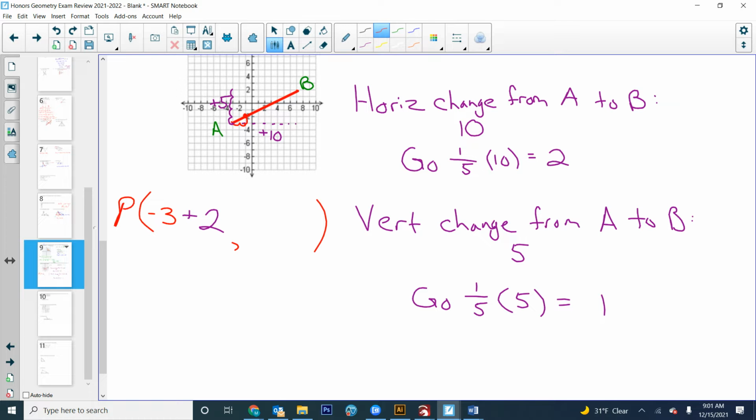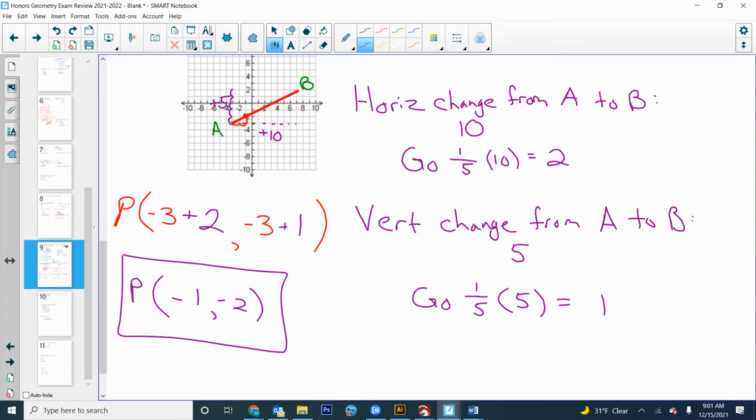What's the y value I started at for A? -3. And then I moved up 1. So point P, what's -3 plus 2? -1. What's -3 plus 1? -2. -1, -2 is my point P that is a fifth of the way from A to B.